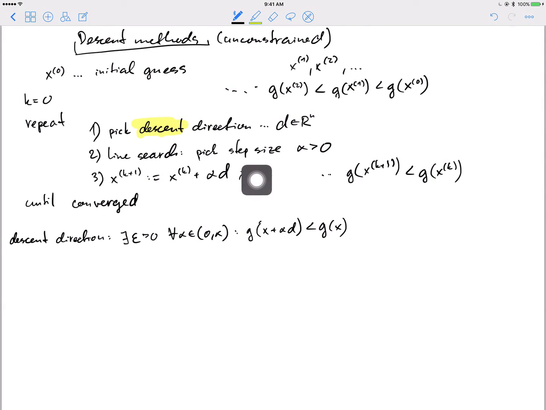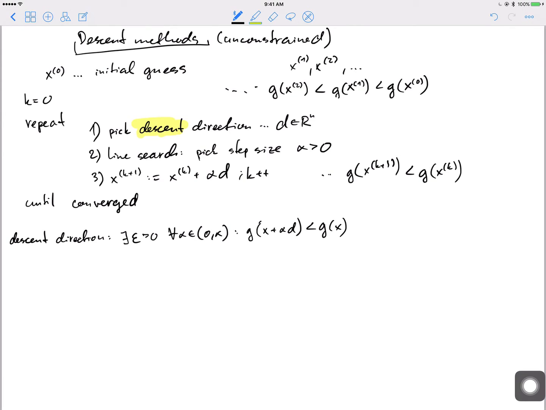Even though people use the same word step, so don't get confused. Confusingly enough, in some literature this will also be denoted as t or something like this, so it might look like a time step, but it's not a time step. When we are doing this iteration, you are not integrating anything, you are just solving an optimization problem. Once you are done, then you might have solved an integrator, fine, but that's a different story.